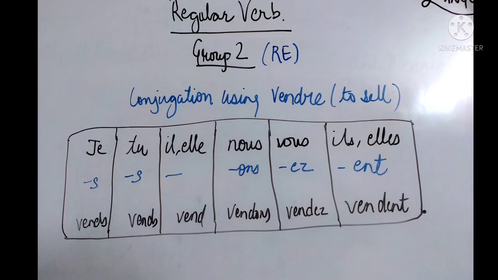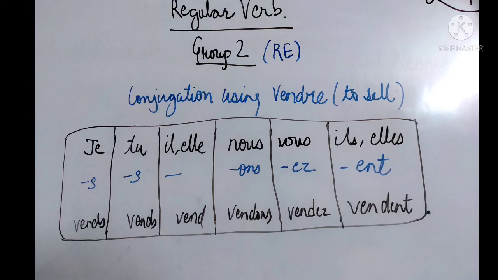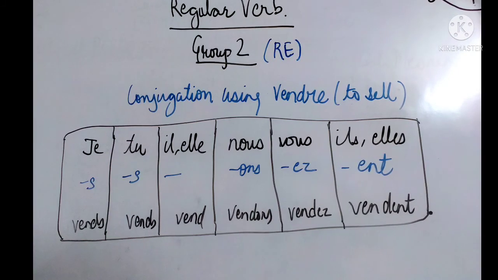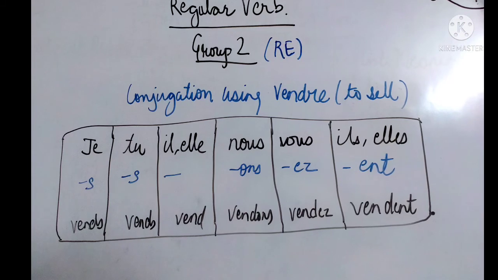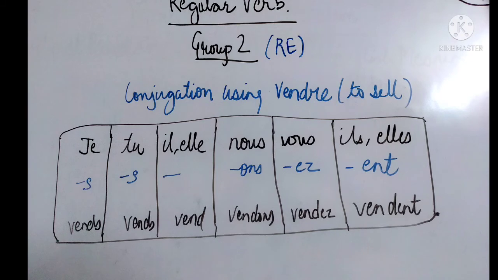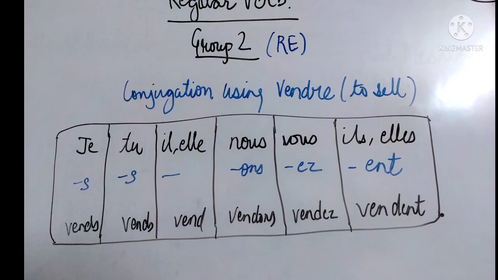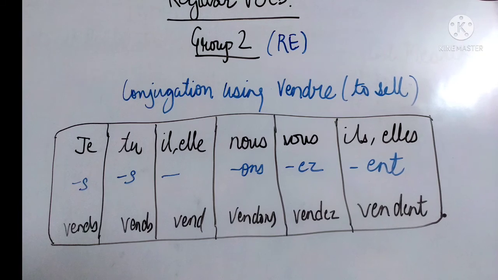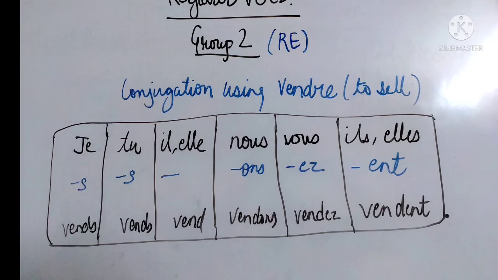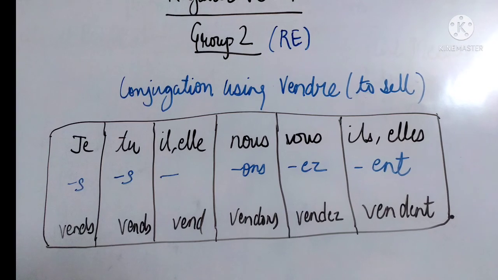For je, it is vends. The spelling is VEND. We have dropped the RE, the infinitive ending, so VEND, and we have added the S for je. Sorry, vendre is the unconjugated form of the verb.